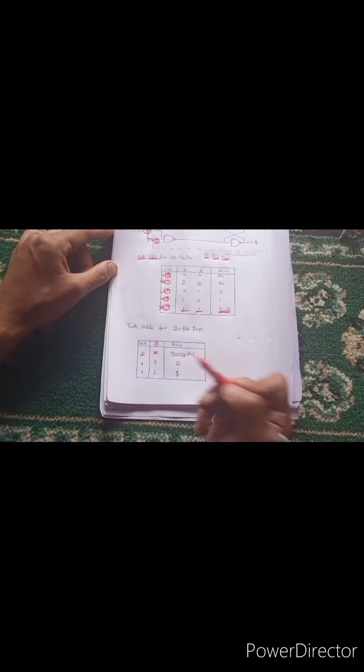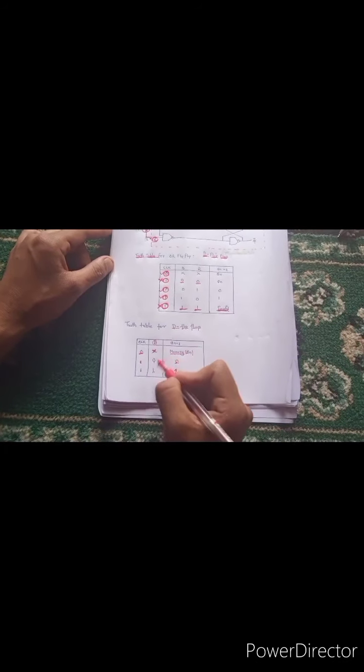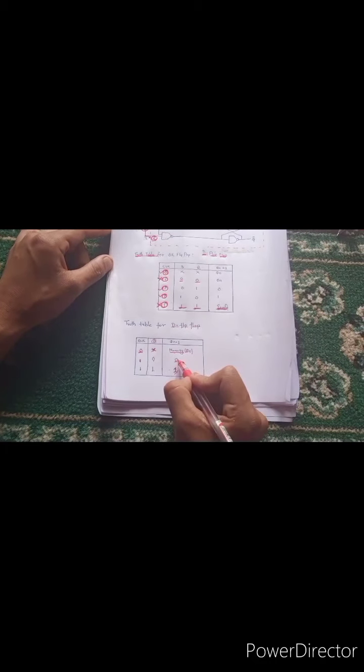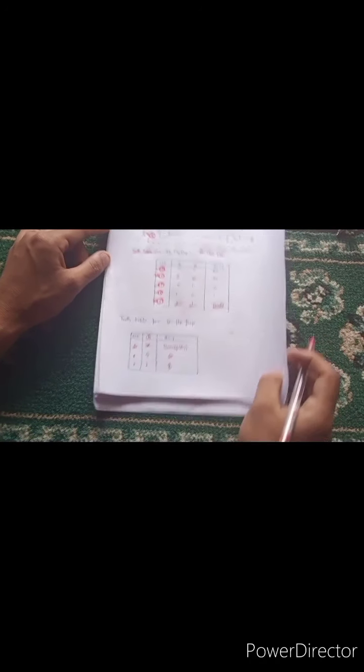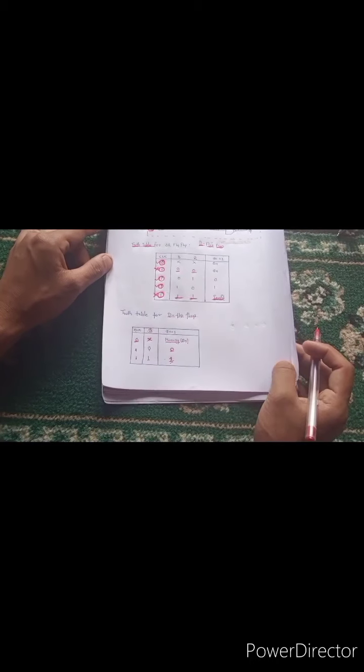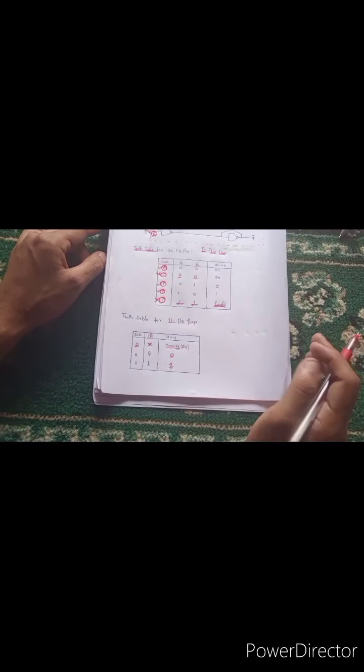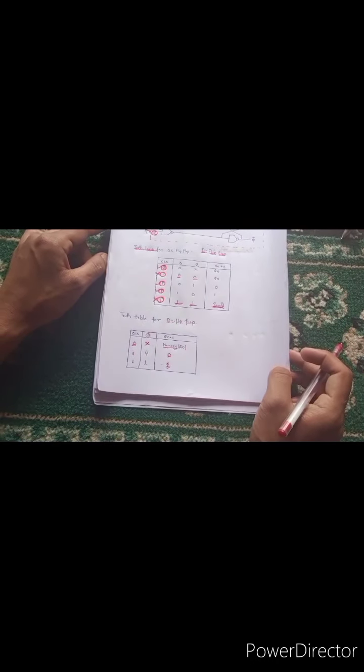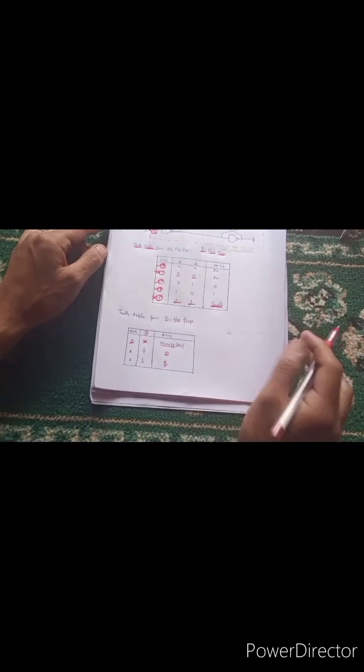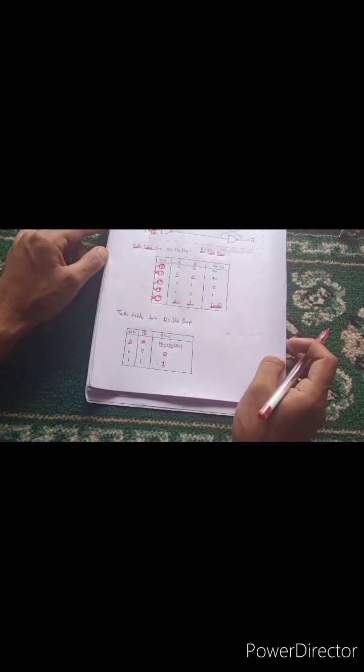Similarly, if we take clock as 1 and D as 0, we'll get 0 as output. This is how the D flip-flop is used to eliminate the invalid state of SR flip-flop.